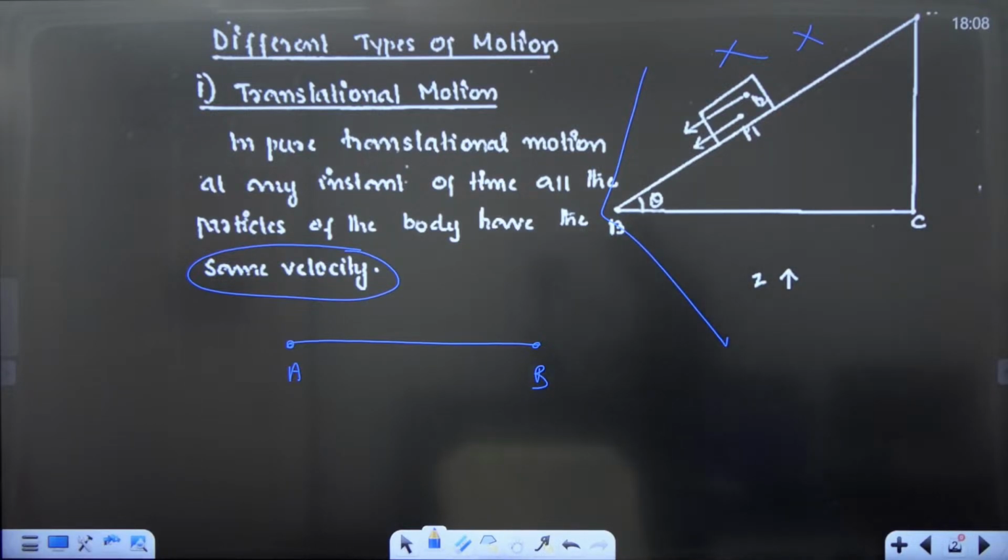Note here, translatory motion, note here. Note.